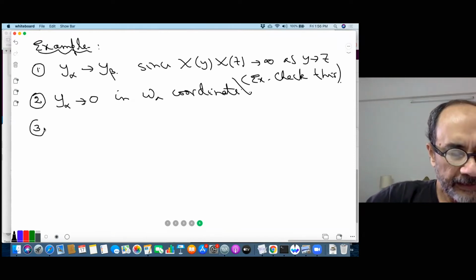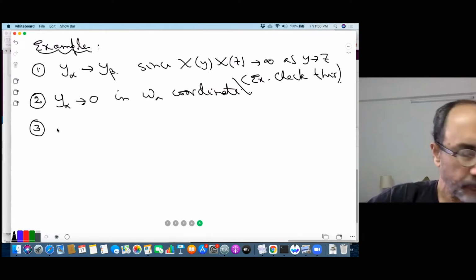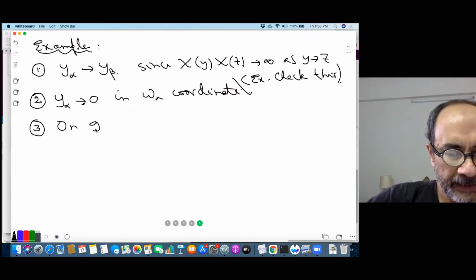There is another surprising class of singularities on surfaces of genus 1 or higher, that means torus or higher.